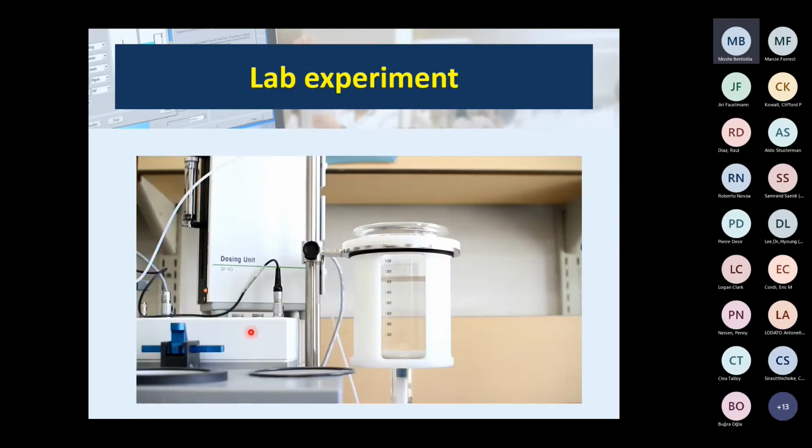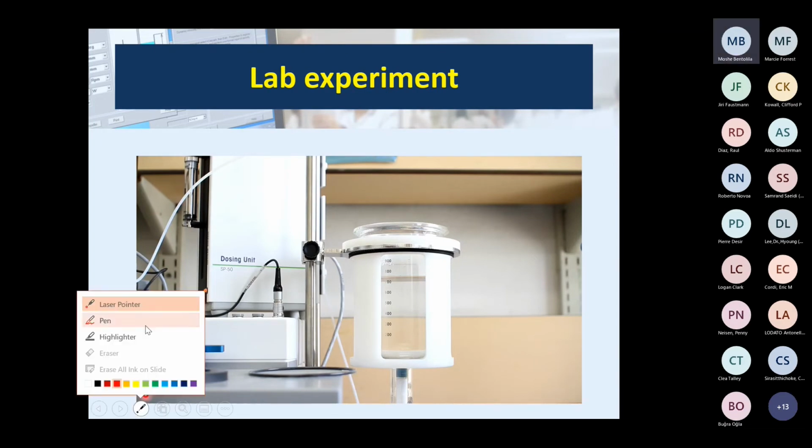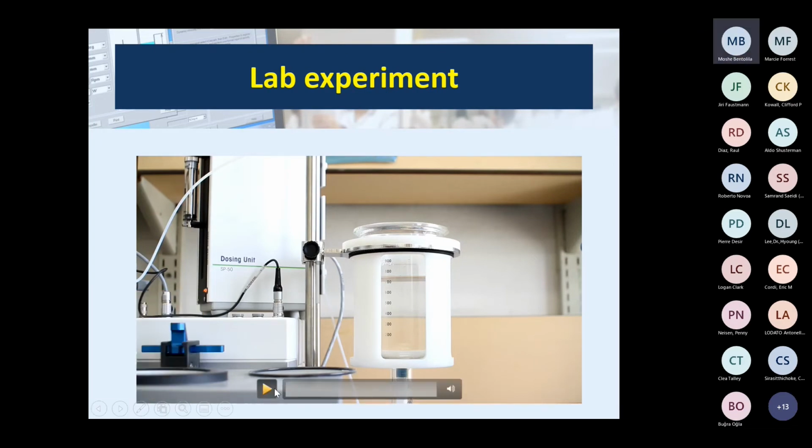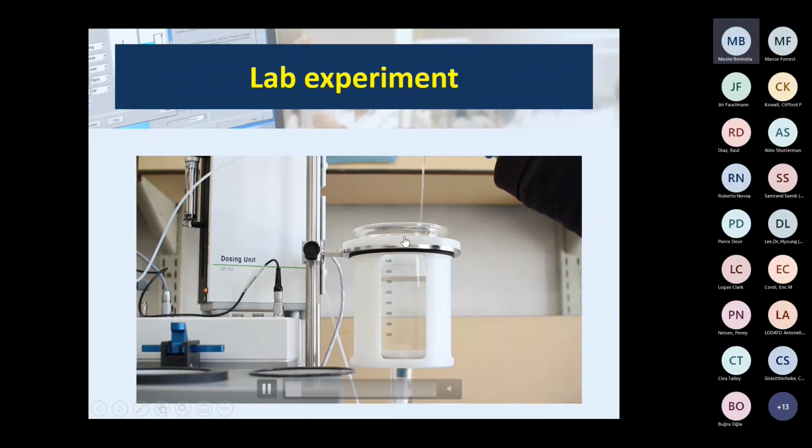And you can see here in this experiment, where we don't have mixing, what will happen when we feed HCl with no mixing? You see here the color and the eddies, very big ones, because there is no moving. You see the color.